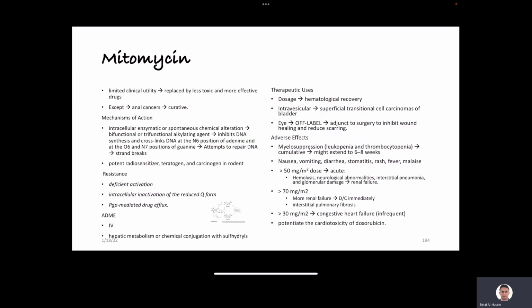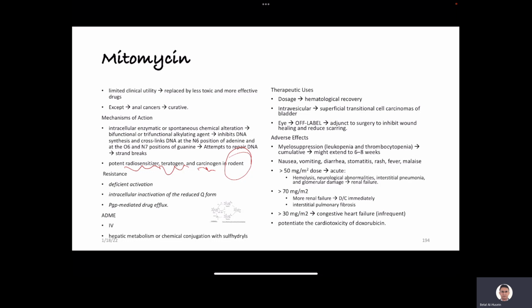Mitomycin is another agent. Its main mechanism of action is generation of bifunctional or trifunctional alkylating agents. We know, as a reminder of the mechanism, it could potentiate radiation therapy effects, and could induce teratogenicity or carcinogenicity in rodents also.